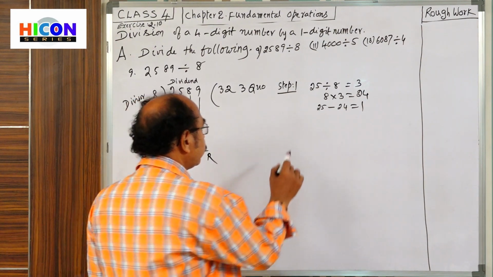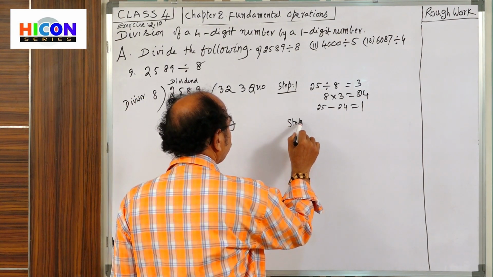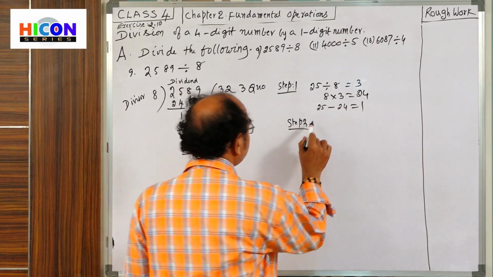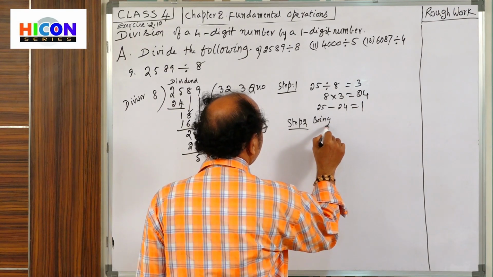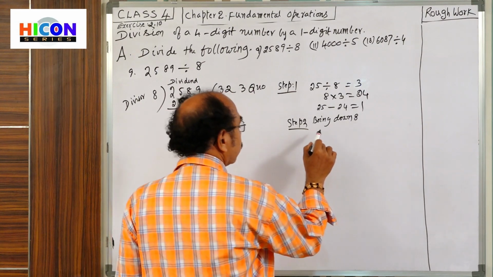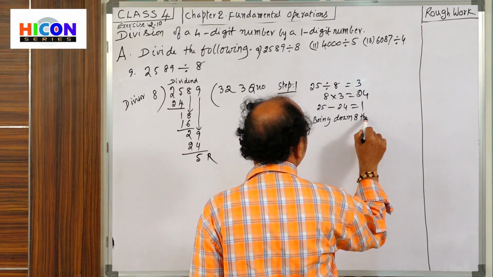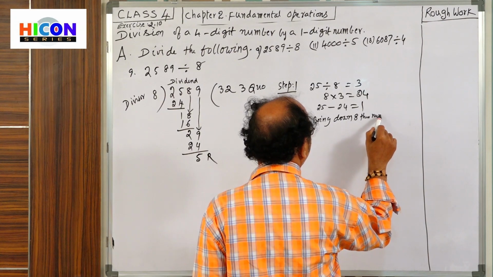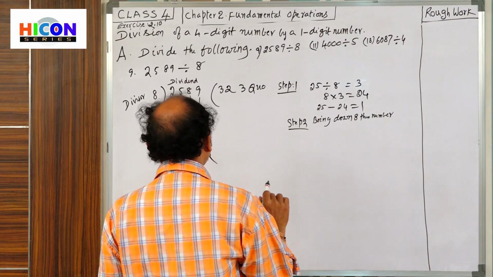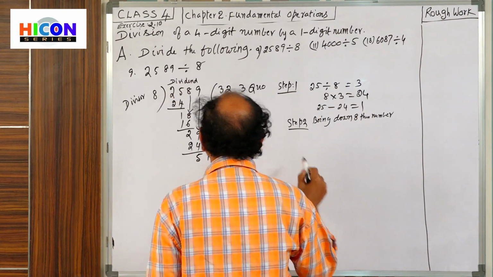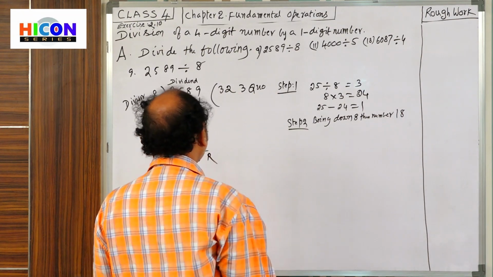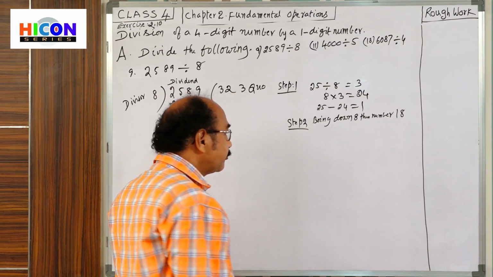Now in step 2, bring down 8. Then the number, that means the next dividend. What is the next dividend? 18.